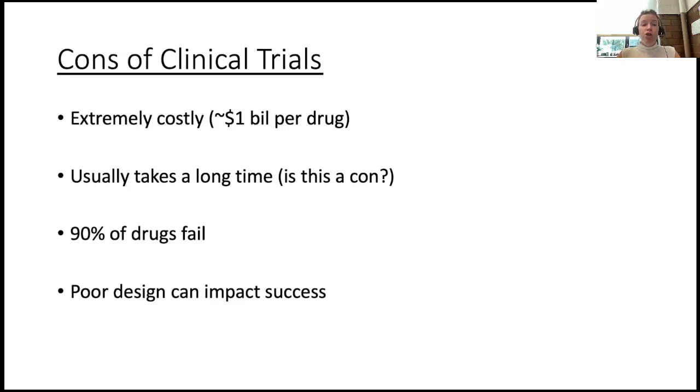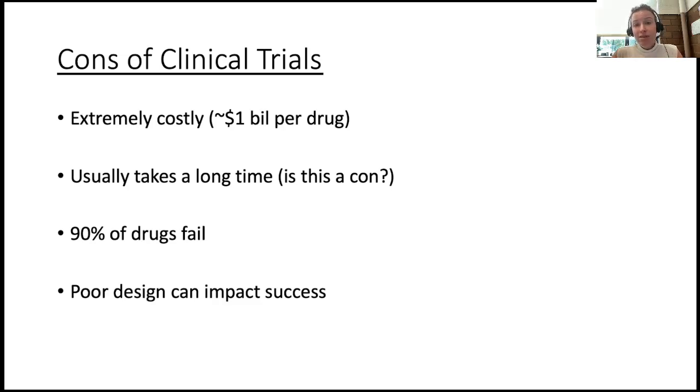Additionally, clinical trials usually take a long time, and this can be seen both as a pro and a con, in my opinion. I think it's a good thing that clinical trials take time so that we are making sure that we're gathering good data. We don't want to be jumping to conclusions without sufficient data to support approval of a drug.